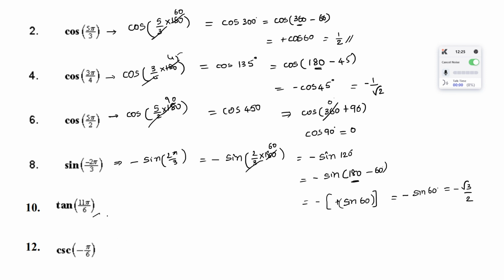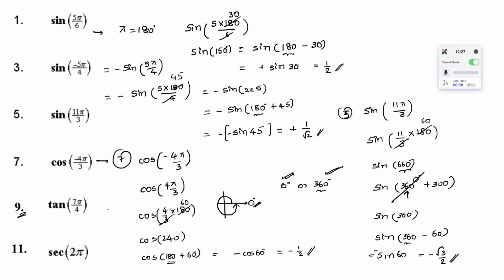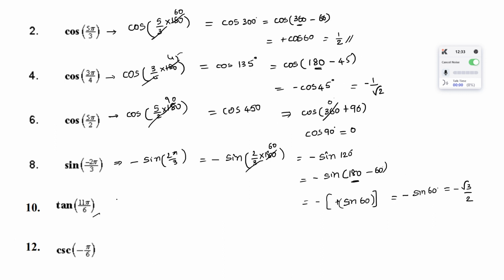Tan 11 pi by 6, I think we solved it here. Tan 11 into pi. Pi means 180 by 6. 6 ones are 6, 30s are. 11 times 30 is 330. So tan 330.